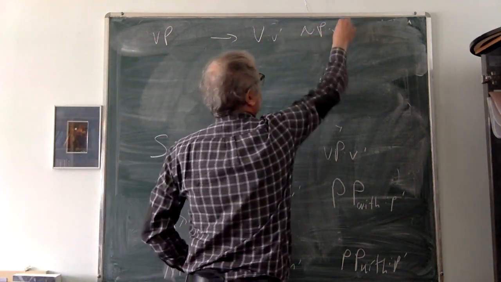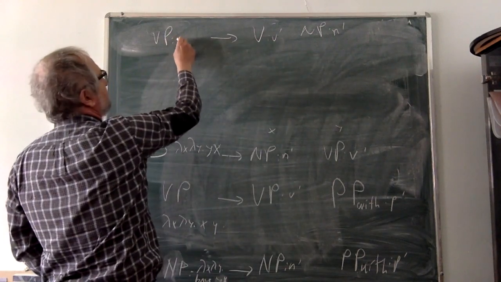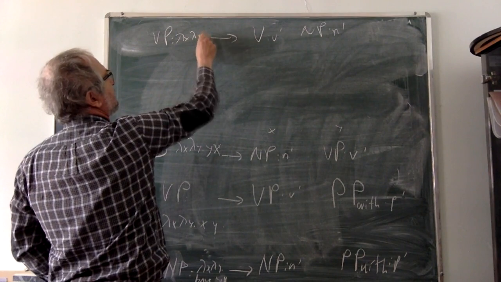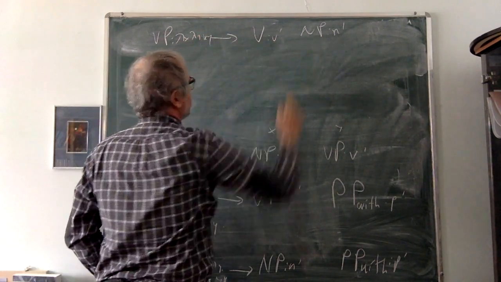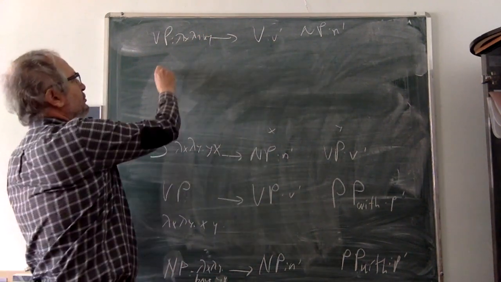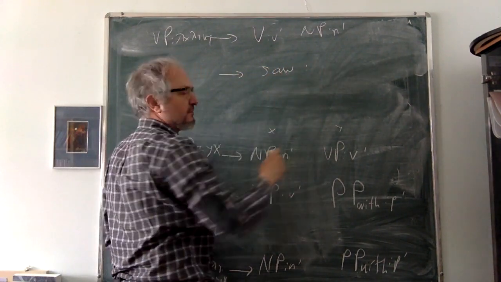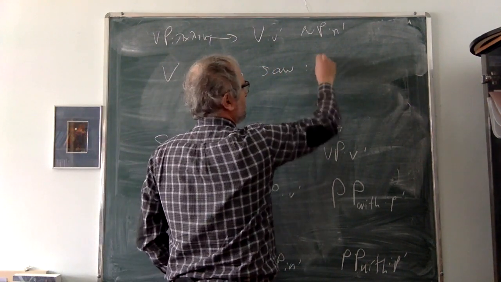This is V prime, this is M prime, this will be X, Y, X, Y, because this is the functor. And eventually you're going to have some lexical entities like so, and then I'm going to say that so is a two-argument function.